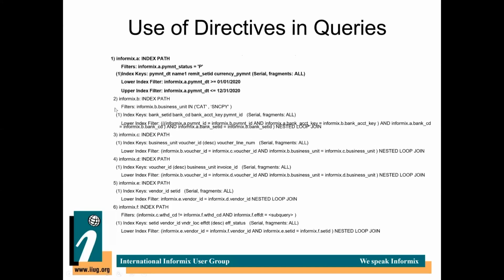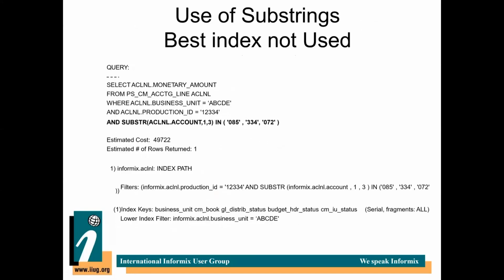So here was the case where we changed this part of it to run faster. Next we're going to talk about using substrings, the best index not used.